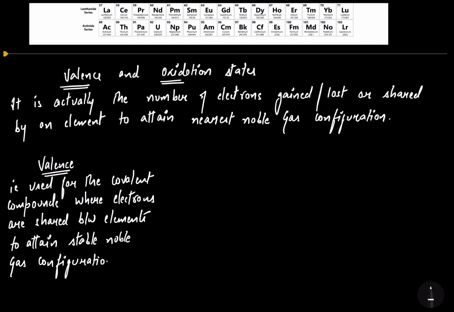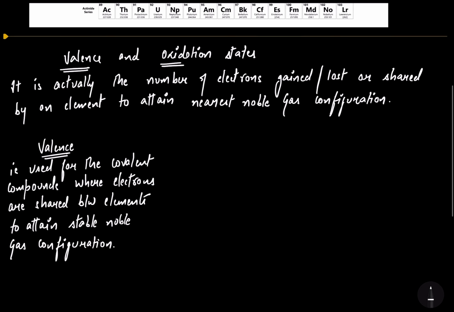We are going to discuss this topic in detail in the next lectures of chemical bonding. Now let's talk about the oxidation state.